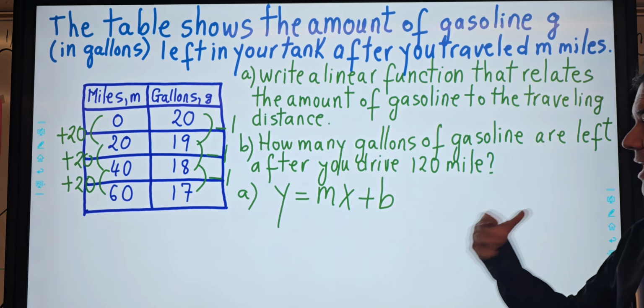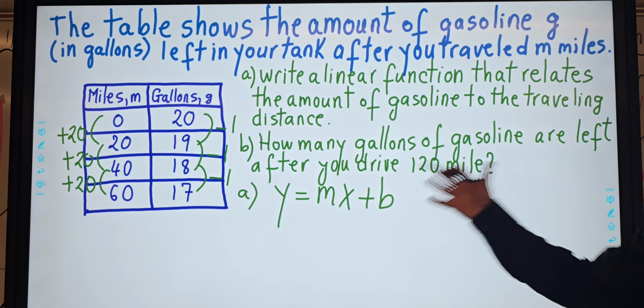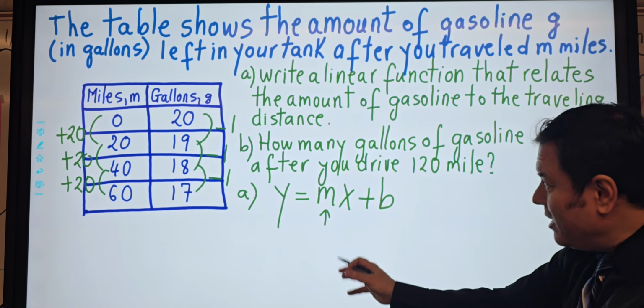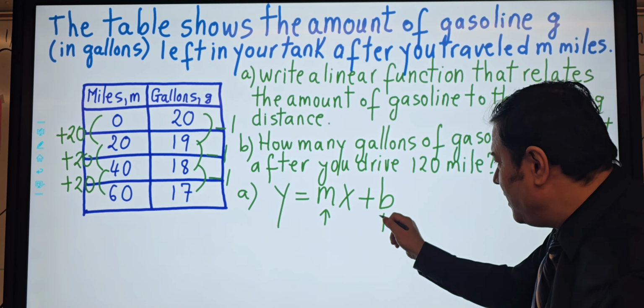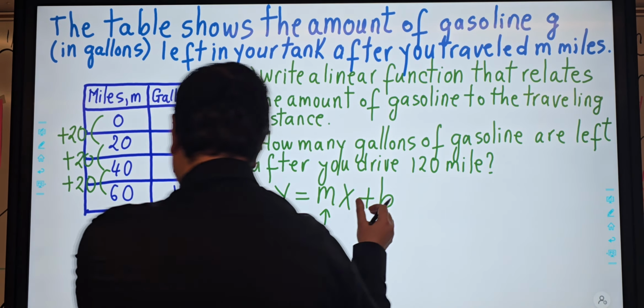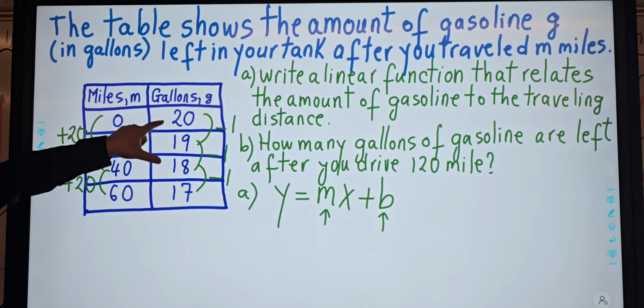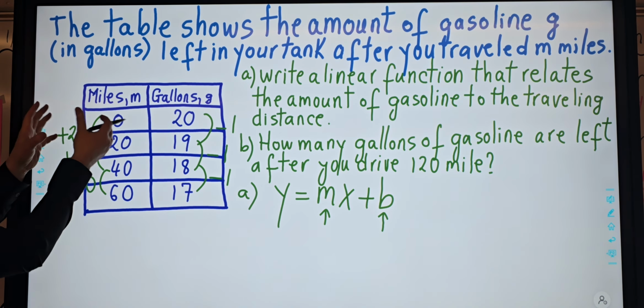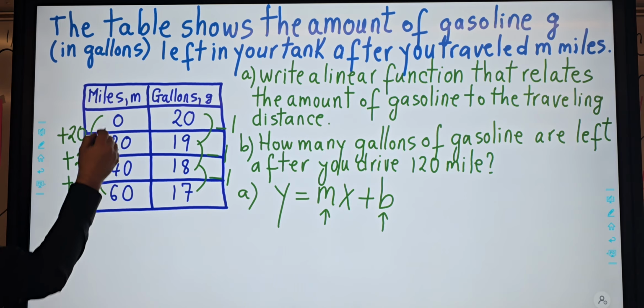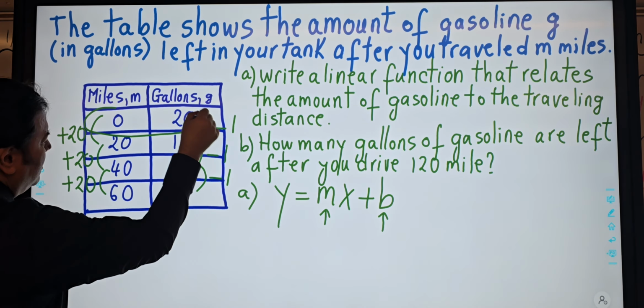So let's see if we can find the relationship. First of all, let's find the m, the slope, in order for us to write the equation. We've got to find the m, and we've got to find the b, the y-intercept. But we know that the y-intercept is 20 because when x equals 0, y is 20, right? So we use this ordered pair, 0 and 20.